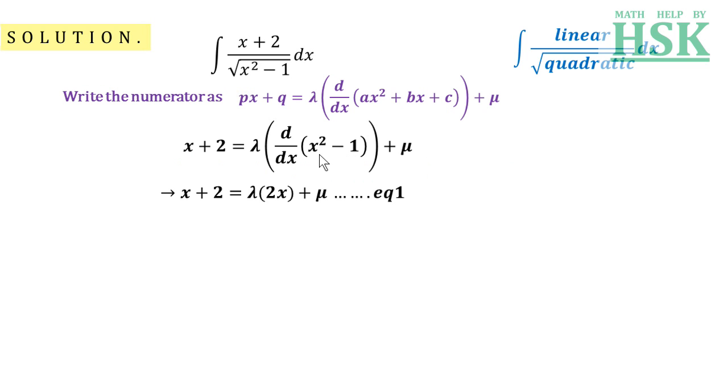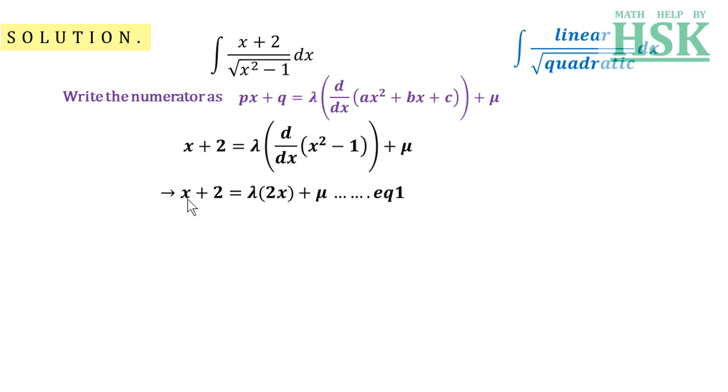So it's quite obvious that differentiation of x square is 2x. Okay, now we are going to solve this equation for lambda and mu by the coefficient comparison method. We are going to take the term of x on both sides and equate their coefficients.